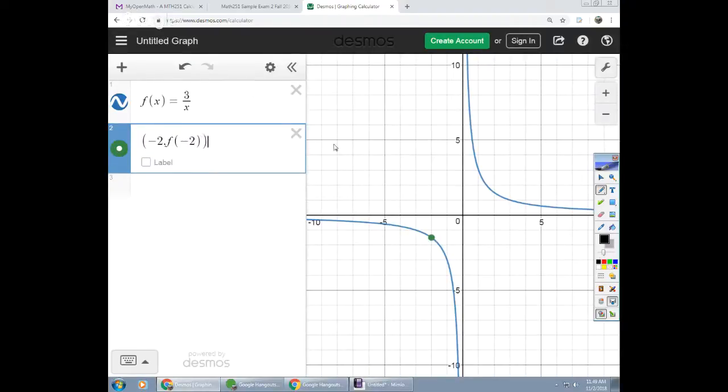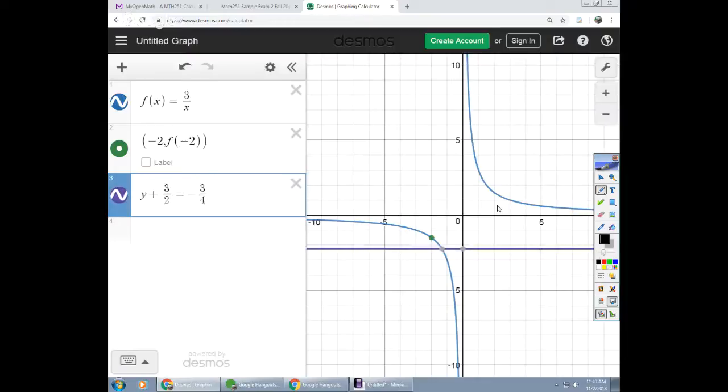And then I can go and find that point and check. Did I get the right y value? -1.5. I said it was -3/2. They're the same number, so that's cool. And then I want to type my y plus 3/2 or 1.5 if you like, equals -3/4 or -0.75 if you like, x plus 2. And hey, that looks nice.